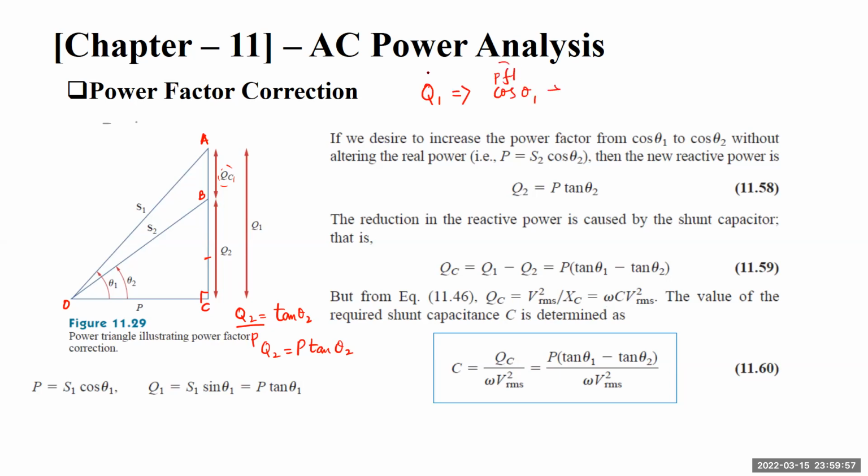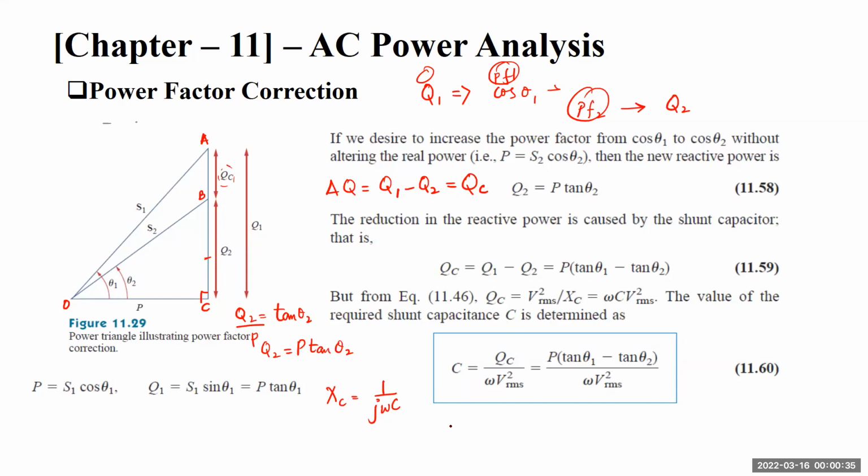We know the power factor which we have to improve, and the associated Q2, and the change in Q. So delta Q will be Q1 minus Q2, and this delta Q is provided by the capacitor, the QC which we have. And if we have to find the value of capacitance, remember XC is 1 by j omega C.